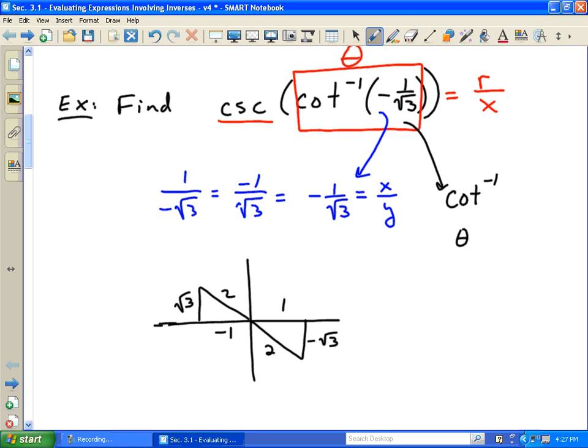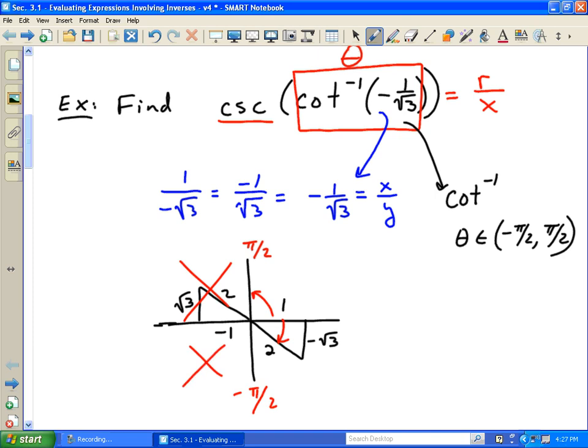Well, my angles for cotangent inverse are anything between negative pi over 2 and pi over 2, but not including those endpoints. So I'd be looking here to here, and I mean only rotating up and only rotating down. So this over here can't be a possibility.